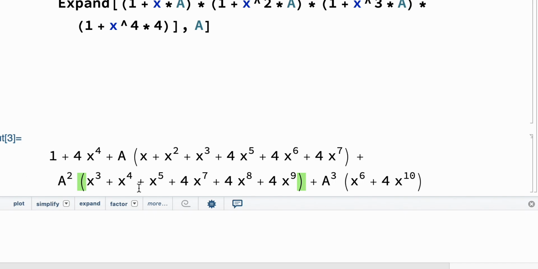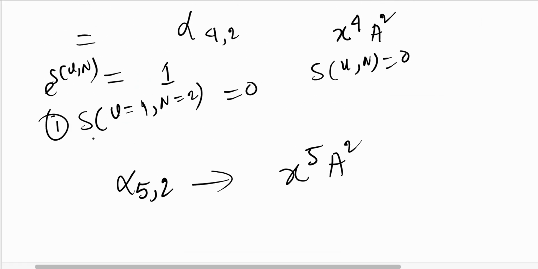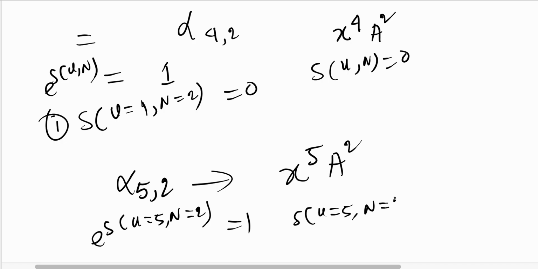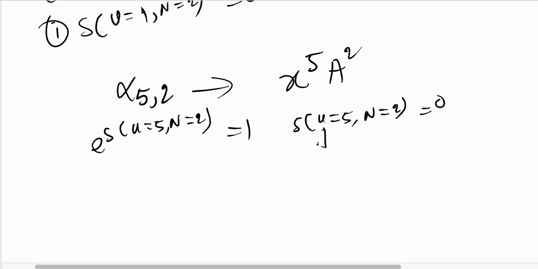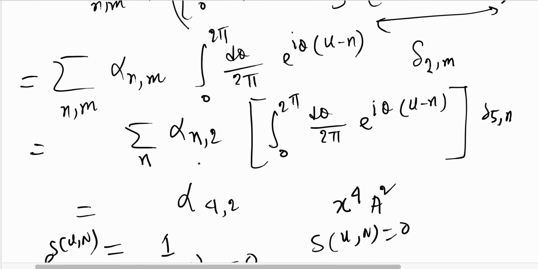If the coefficient is 1, that means my e to the power s, u equal to 5 and n equal to 2 is again 1, and s for u equal to 5, n equal to 2 again remains 0. That means I have to find that u whose corresponding delta function will be such that this coefficient is actually not equal to 1, greater than 1.